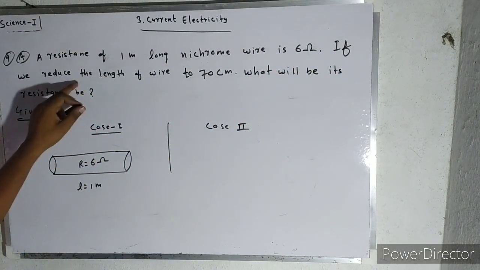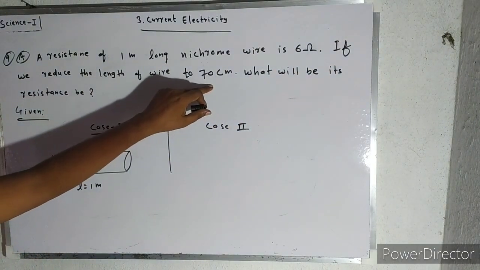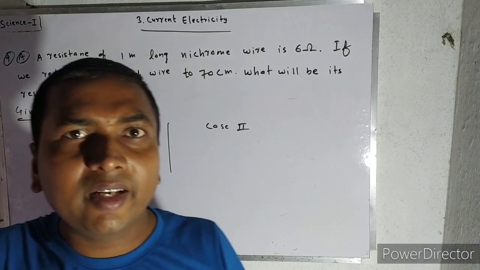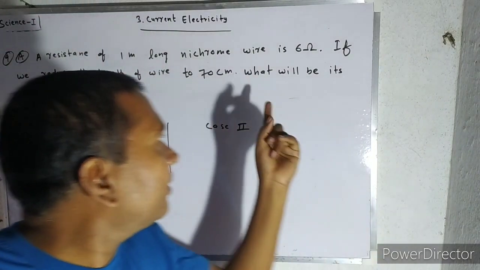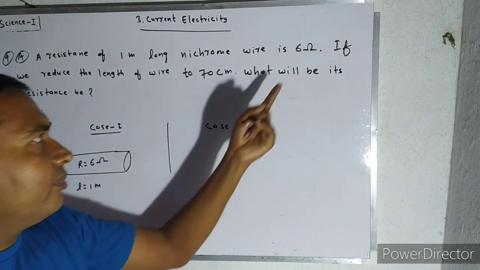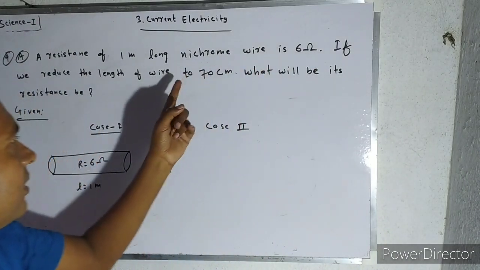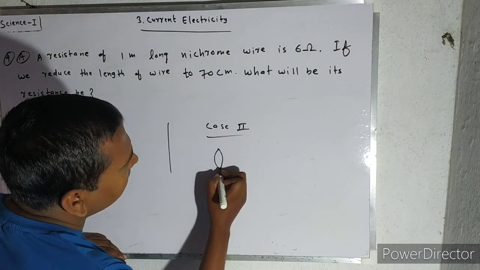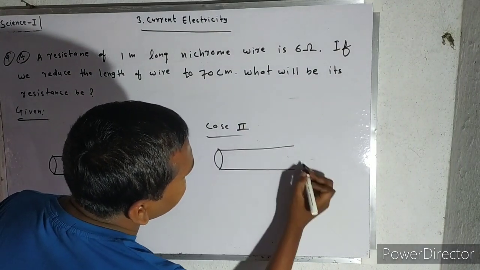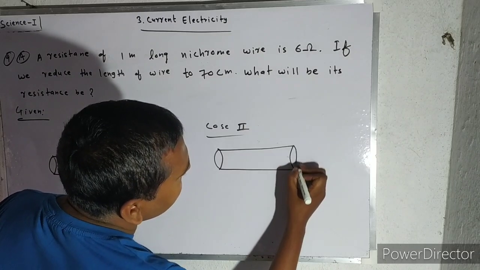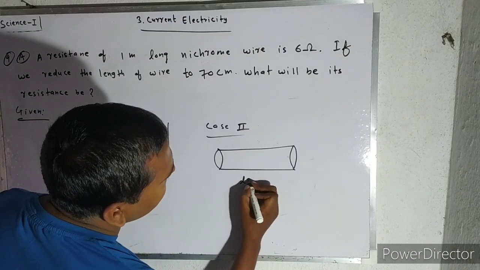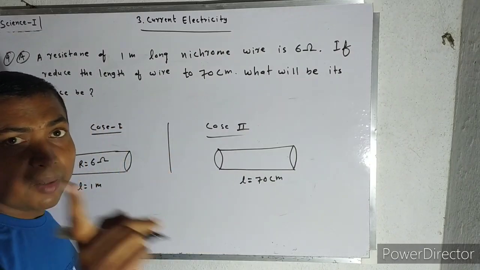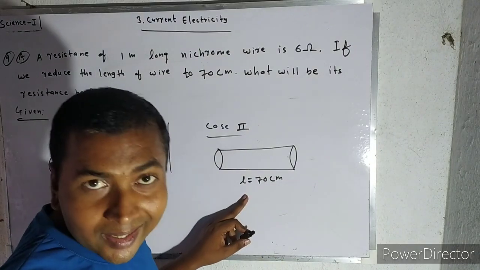If we reduce the length of the wire to 70 centimeter, you tell me one thing, 1 meter is greater than or 70 centimeter is greater than? Of course 1 meter is greater than 70 centimeter. So in the second case, the wire length is L equal to 70 centimeter, and we have to always use SI unit.